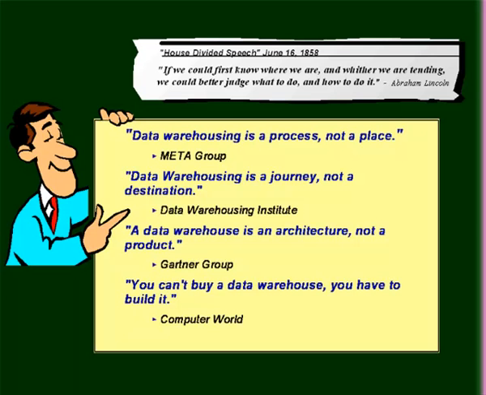The Data Warehousing Institute states that data warehousing is a journey, not a destination. Gartner Group states that a data warehouse is an architecture, not a product. Computerworld states that you can't buy a data warehouse, you have to build it. So these are the different kinds of messages given by these popular groups and institutes.